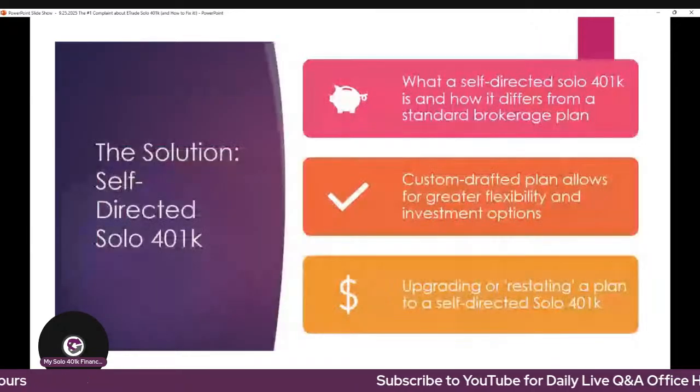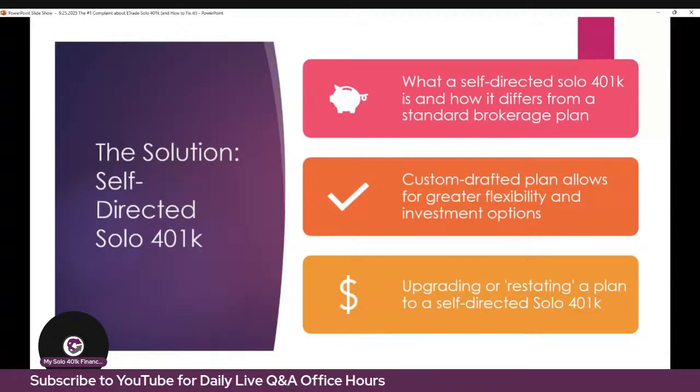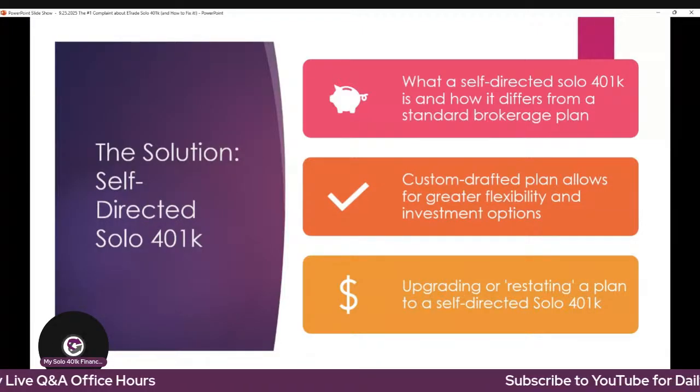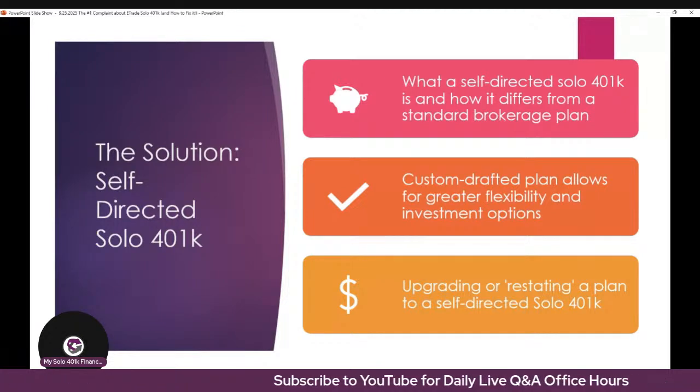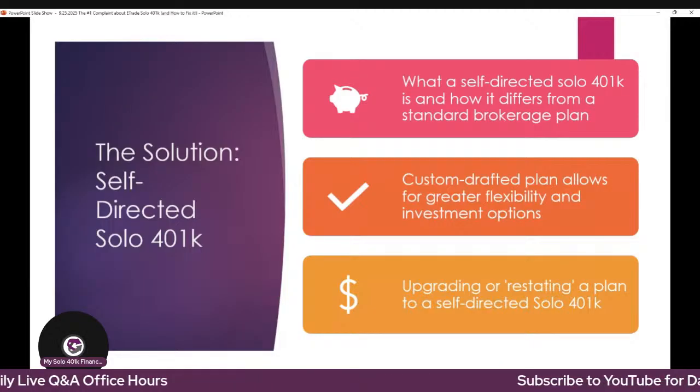Now, the solution is to have a self-directed Solo 401k plan. That means a third-party plan like the one offered by My Solo 401k Financial that's going to provide all the features. For example, our plan is a fully featured plan. It allows for Mega Backdoor Roth contributions, as well as a number of other features that E-Trade's plan lacks, and that we'll go through here in a few slides.